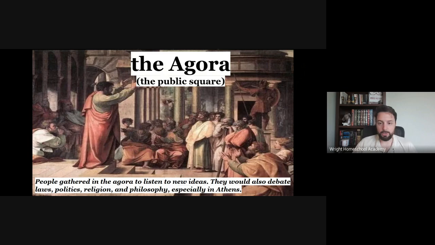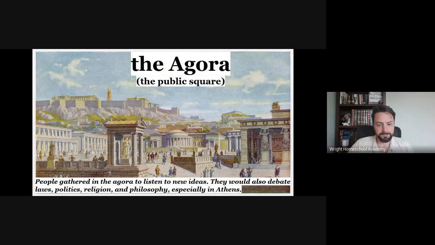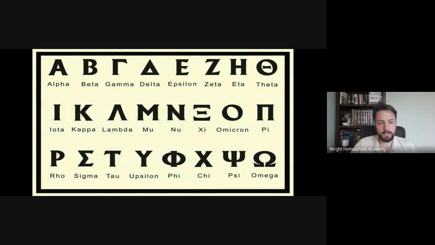This was like the social media before the internet, right? People would go and actually talk face-to-face. And it was a wide open public square. That's why we say people who are fearful of open spaces have agoraphobia. That's where it comes from. Phobia is a Greek word for fear. Okay, so that's the agora.